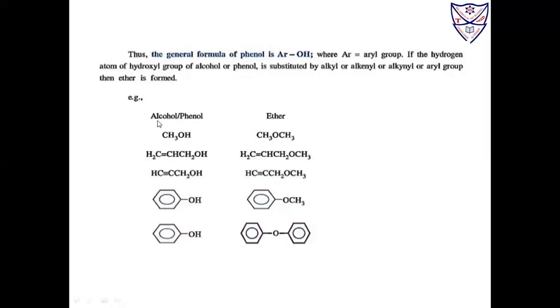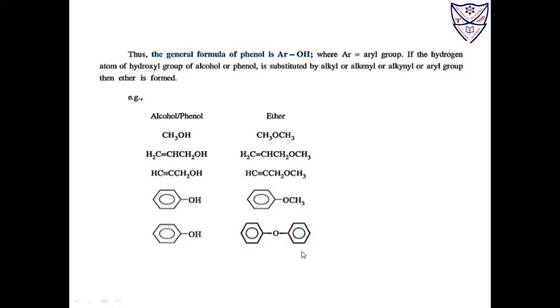Over here, for example, alcohol and phenol. See, this one is CH3OH, methanol, and here the ether comes. In place of hydrogen, another CH3 group is substituted. This is an alkyl group, CH3, so it's an ether. Here we have phenol. In all of these, replace the hydrogen with CH3.